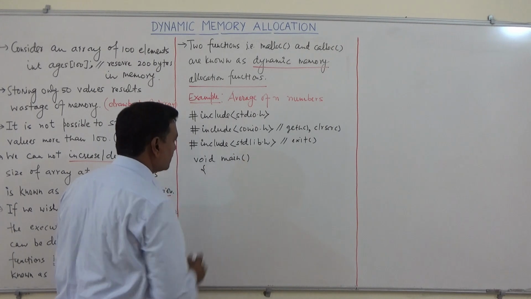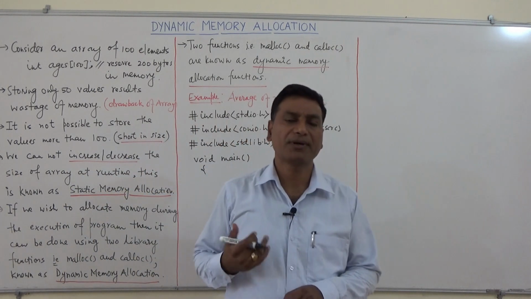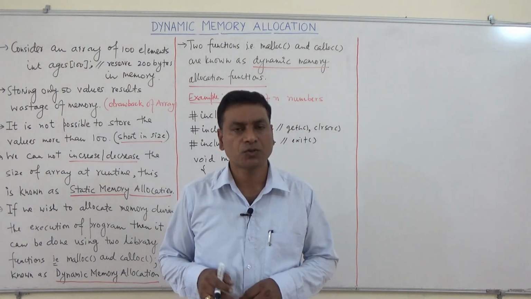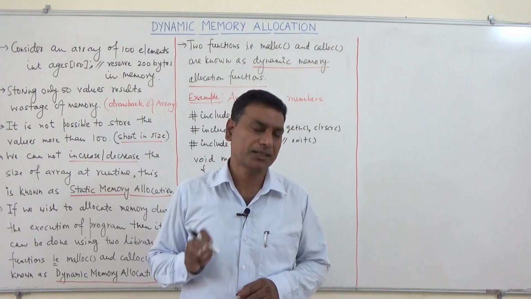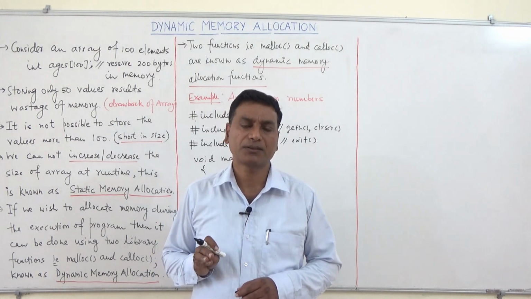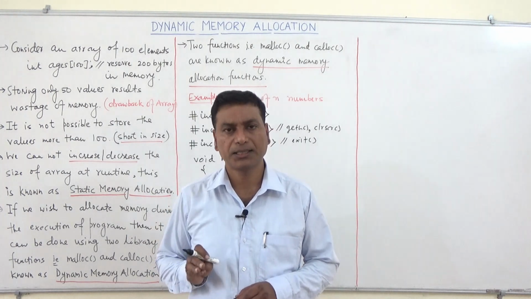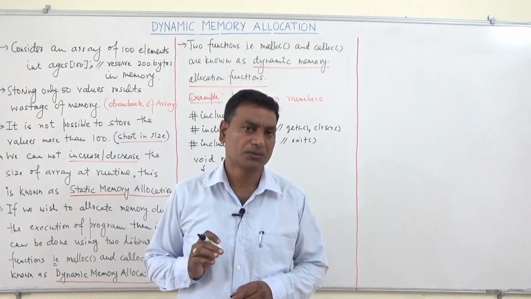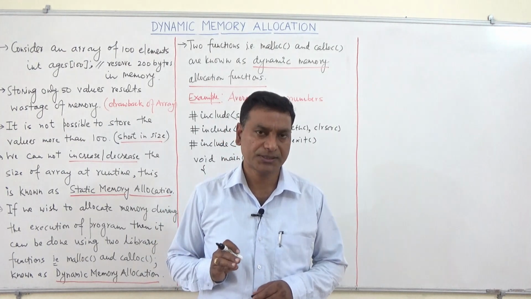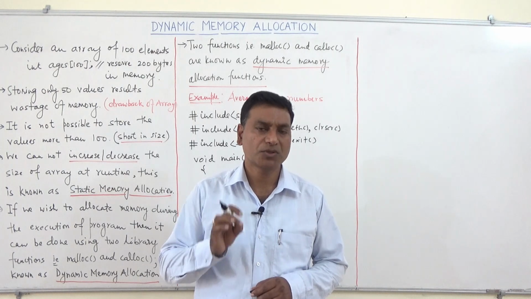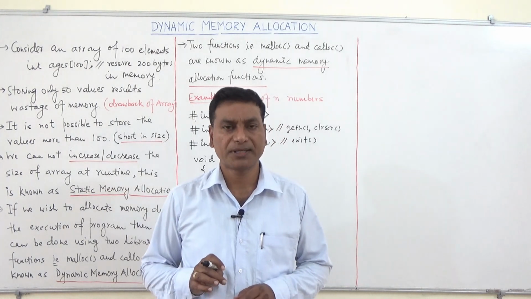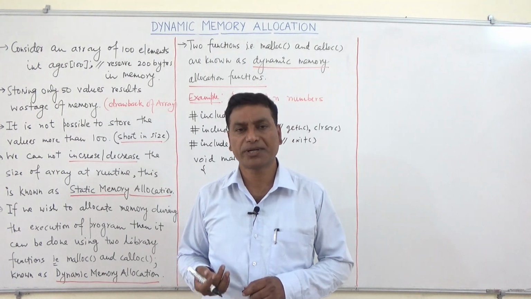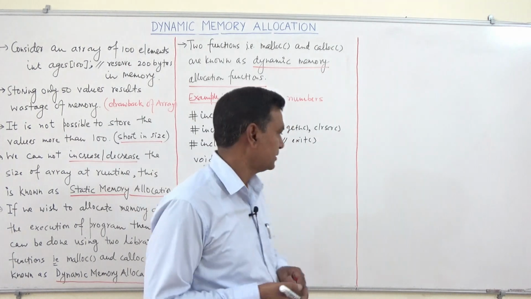Now void main. We will declare the required variables. Because we will enter n numbers, we will require a variable n. Then we will require a variable i. Because we want to find the average, we will also need a variable average, and the most important variable, a pointer variable, to which we have to allocate the memory dynamically.